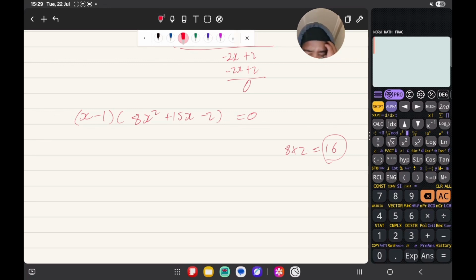I just realized something beautiful also. When you have your trinomial and the last term is bigger, right? The last term happens to be bigger than the product you get when you multiply the coefficient of the first and the last term, right?